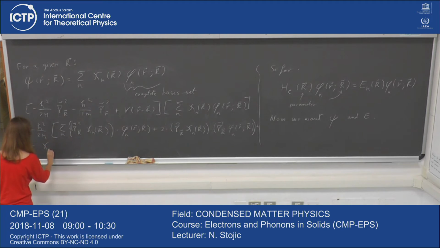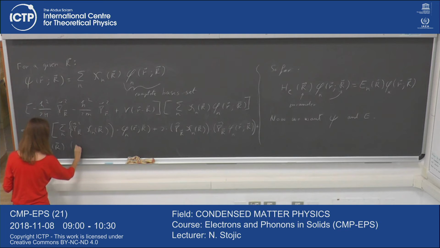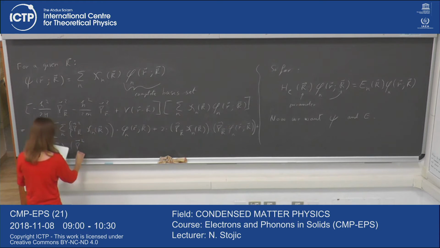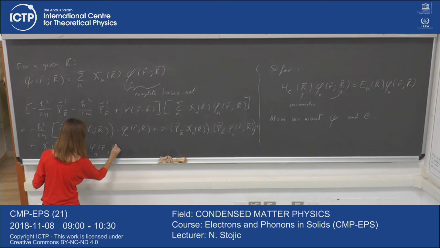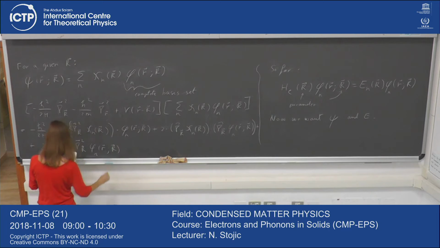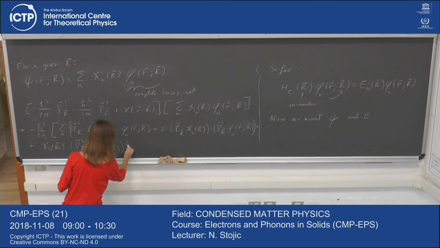So Cn of R times the gradient square with respect to R of phi n of R capital R. So this closes the parenthesis.